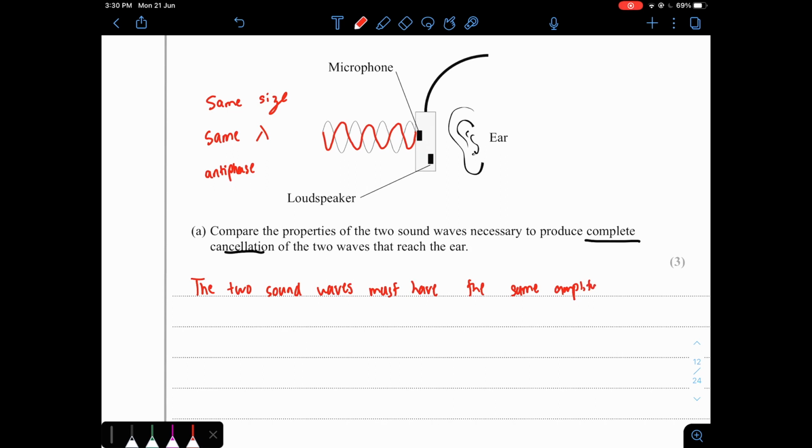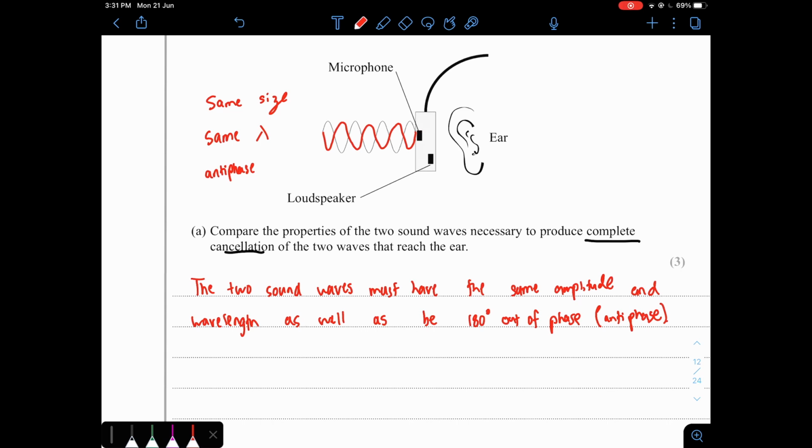Use the terminology. Same amplitude and wavelength, as well as be 180 degrees out of phase, which is the same thing as saying antiphase.